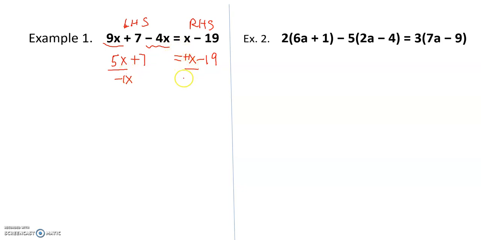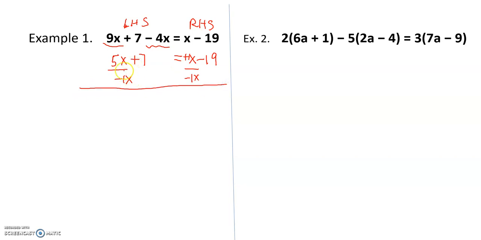And the other way is, if you don't remember this rule, what you can do is, okay, so we want to get rid of this x on this side. And what you can do is we can do the opposite operation. So we're going to subtract 1x on the right-hand side and also subtract 1x on the left-hand side. So this is our property of equations.